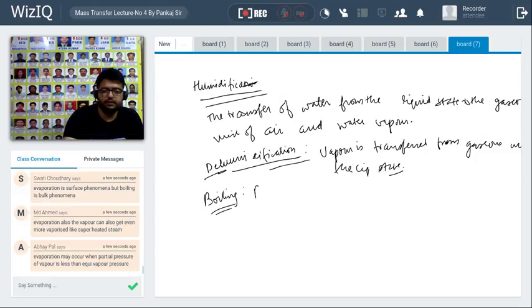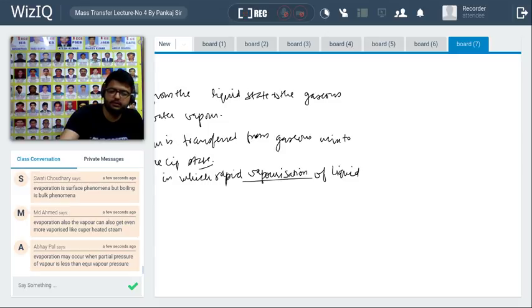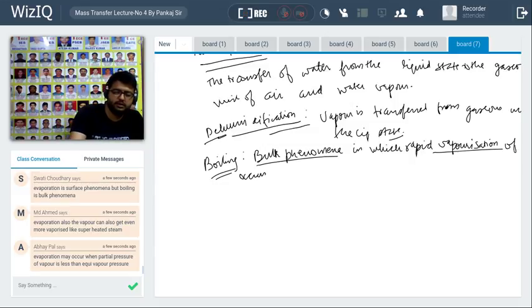It is the bulk phenomenon in which rapid vaporization of liquid occurs. Vaporization means the phase change from liquid to gaseous or vapor state.